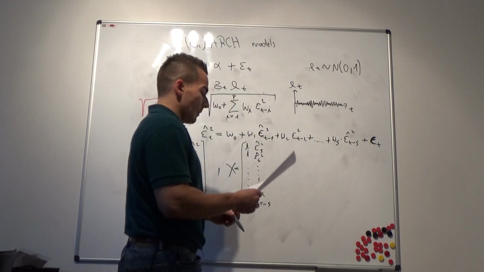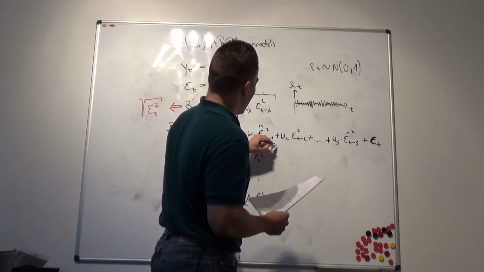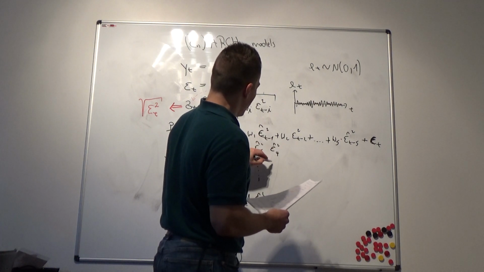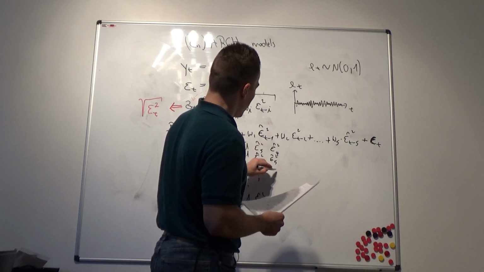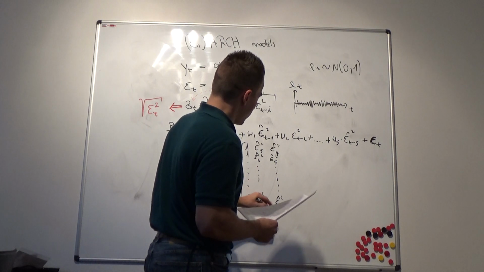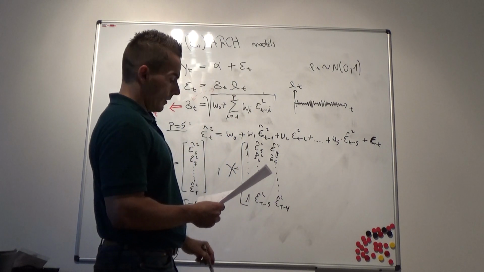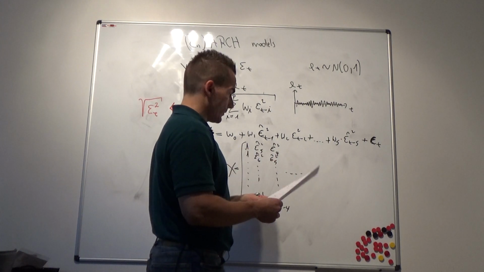In the same manner, now we have to lag these values here, because it's one more lag, and this happens 5 times. So the next one would be obviously epsilon hat at time t is 4 squared. Here it would be then at time t is 5 squared. We would end up at epsilon hat squared at time T minus 4. And so on. So you can just go with it straightforwardly.